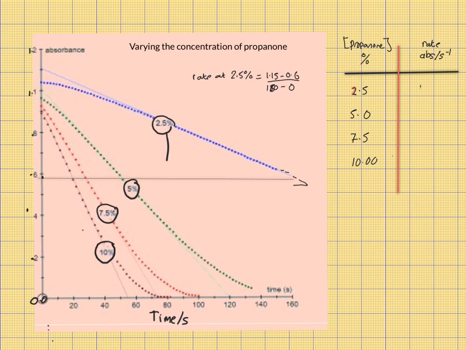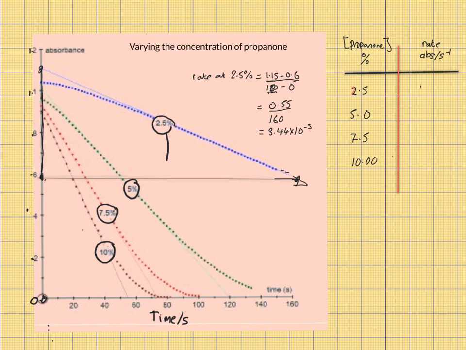Just to remind you again how to work out rate when given this data, you get the rate by dividing the change in concentration. So that's the concentration at the end here, which is roughly 1.15, and the change in the concentration here, which is 0.6, and the change in time, which is here, which is roughly 160, and we've gone from 0, so this is this triangle here.